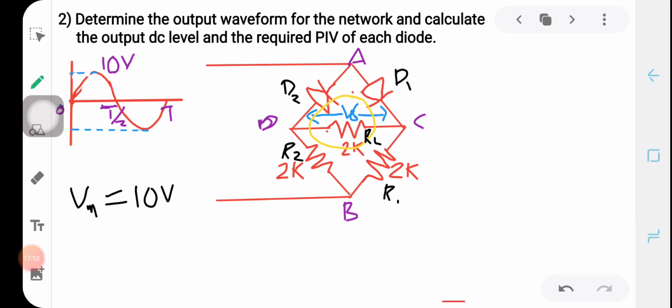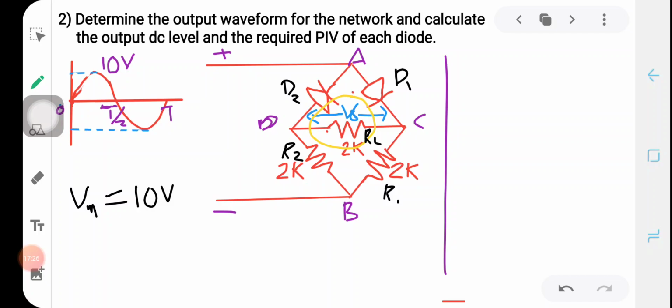So here, during the positive half cycle, let's say this end A is positive and this end B is negative.